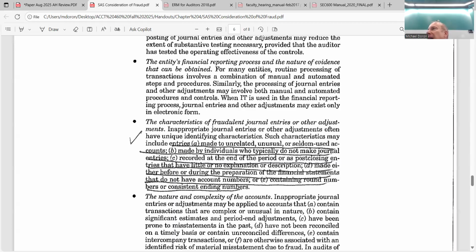You see somebody who's not an accountant getting involved in the accounting, that's bad news. They're probably not doing it for a good reason. So people who normally make journal entries, if all of a sudden there are other people involved, that could be a problem. Also entries recorded at the end of the period or as post-closing entries that have little or no explanation or description, and entries made either before or during the preparation of the financial statements that do not have account numbers.